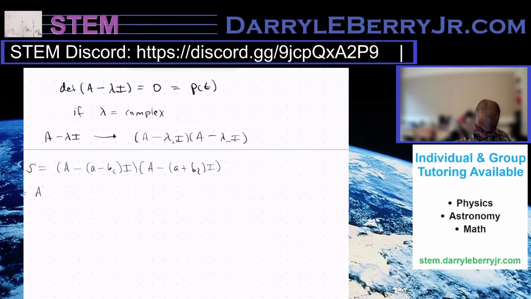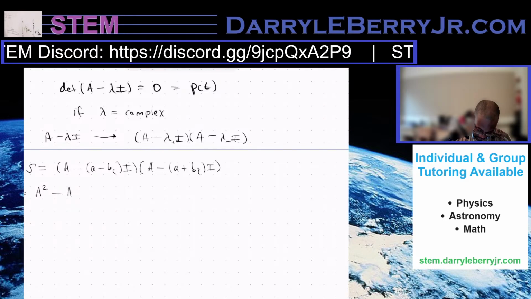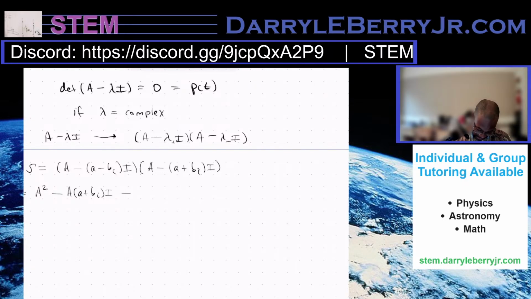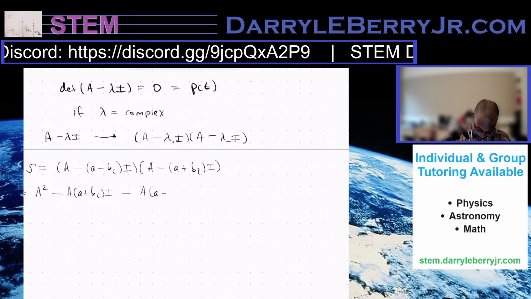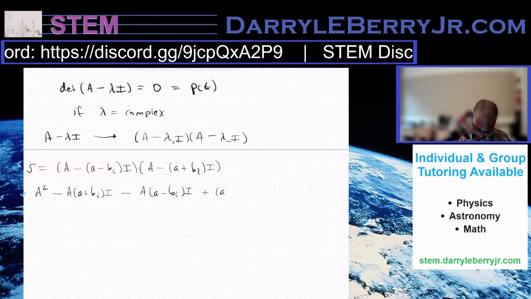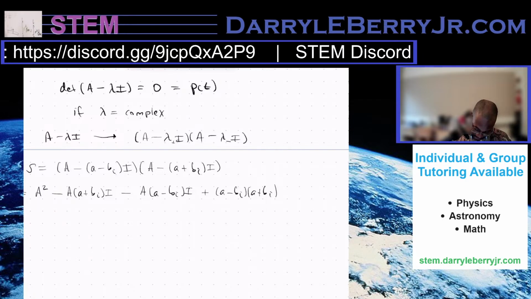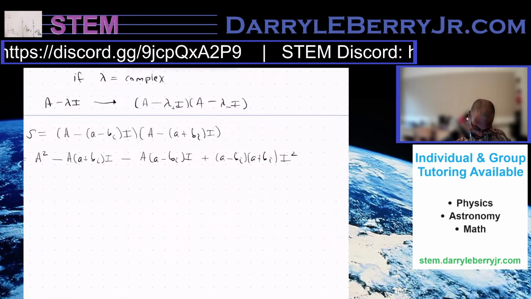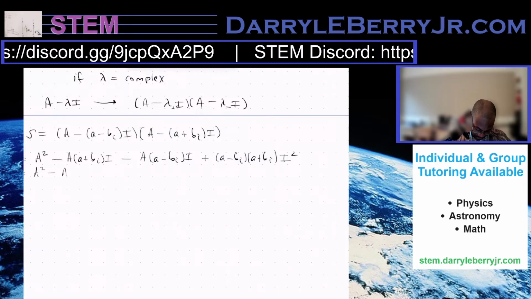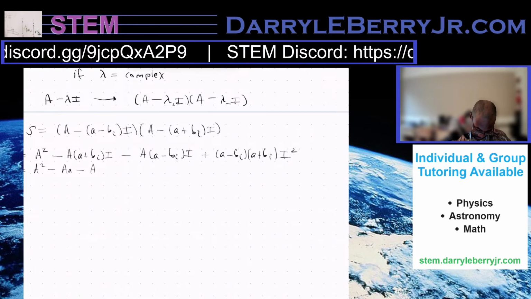So that equals a squared minus a plus i minus a minus i plus a minus a plus i squared. That equals a squared minus a minus i.